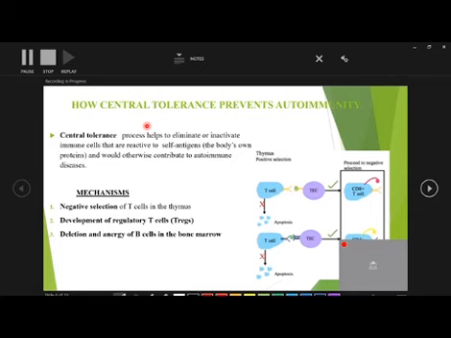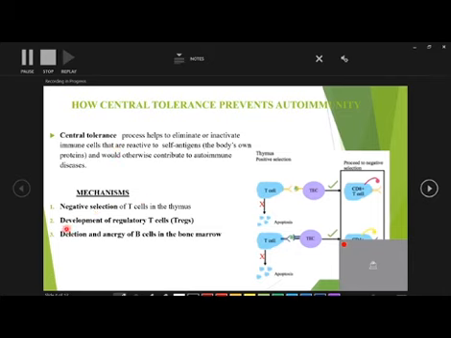Here we also mean central tolerance. Central tolerance means eliminating, inactivating or removing the immune cells that are reactive to self-antigens. When the body starts to react towards its own cells, this is what central tolerance prevents.